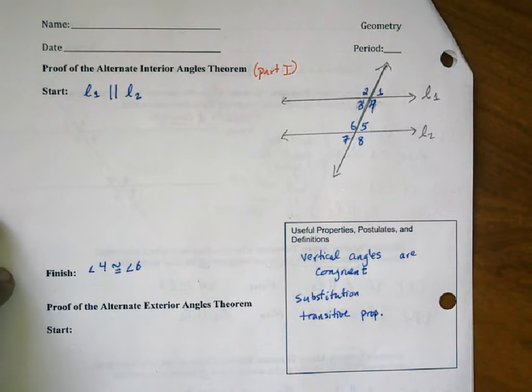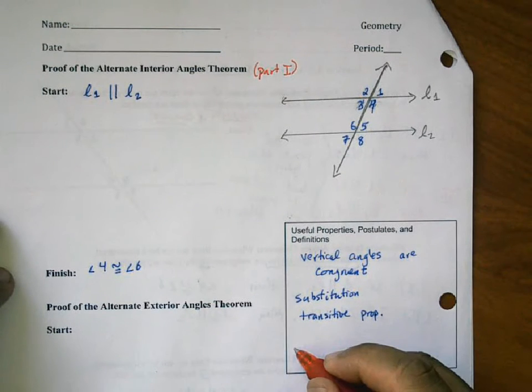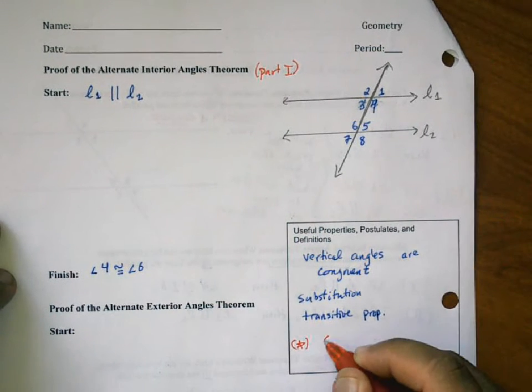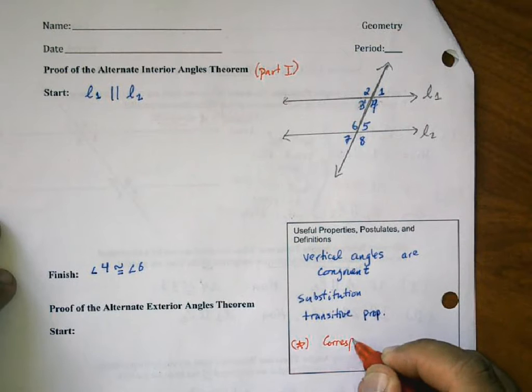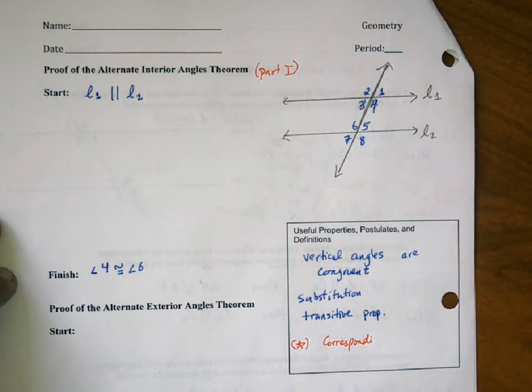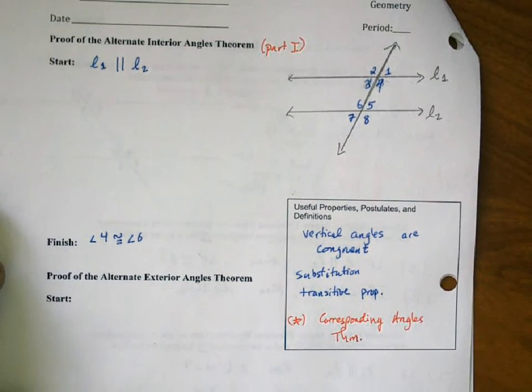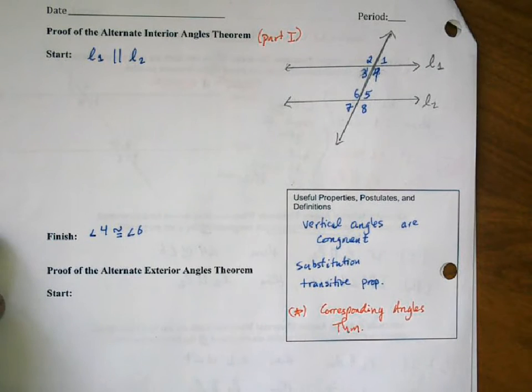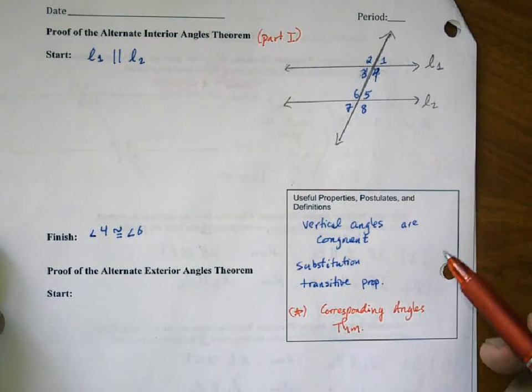And most importantly, we're going to have to use the corresponding angles theorem. We're going to have to use this one. This is an important one, and we can't really prove a whole lot without it. Okay. And this says that if two lines are parallel, then the corresponding angles are congruent.